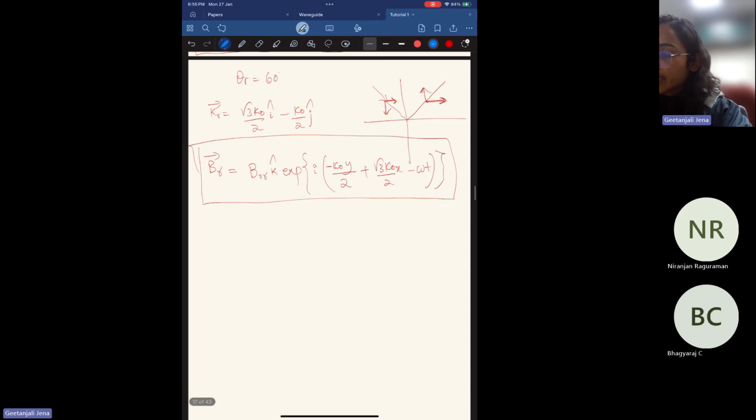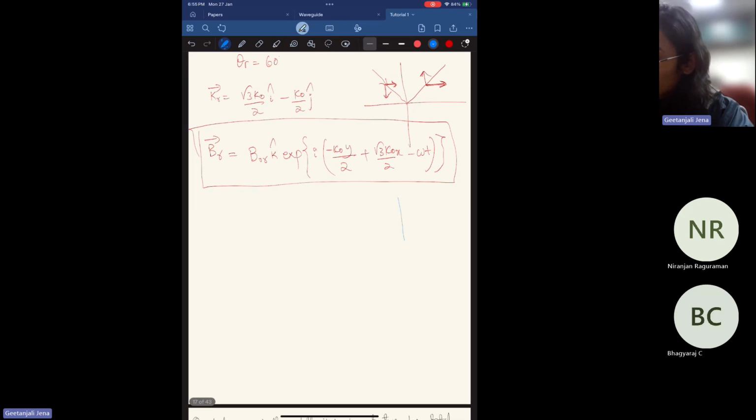Now for the transmitted wave. Whenever a wave travels from medium 1 to medium 2, the omega remains the same, only the k vector, the propagation vector, changes. So to calculate the propagation vector, let us say this is ki, this is kt, and this is theta i, and this is theta t.